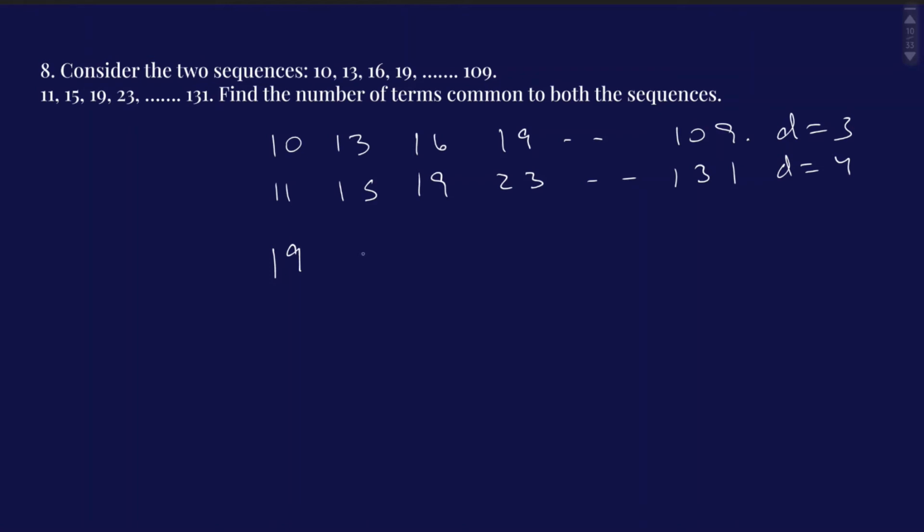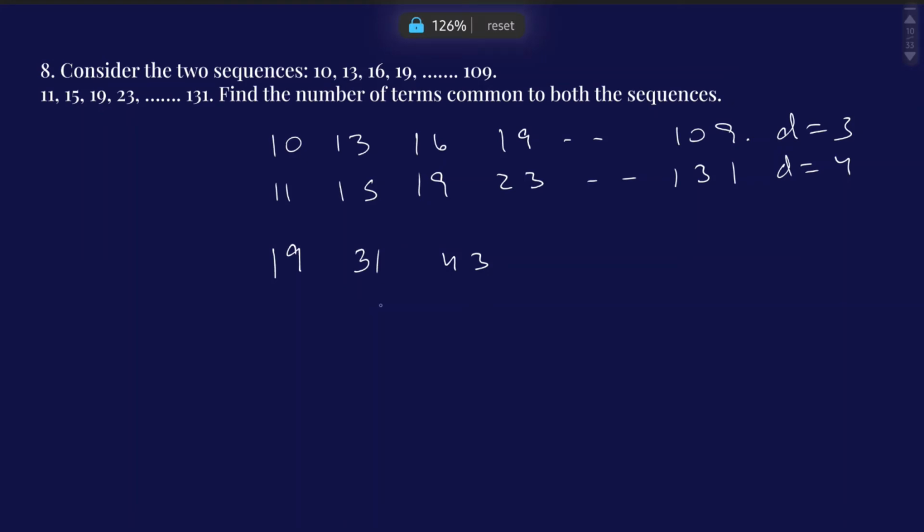So if we add 12 to it, we will get our next term as 31. Okay, and we will get our next term as 43, and we have to go on till we find the number of terms which are less than 109. Okay, so we will simply use our formula of Tn, that is the nth term.